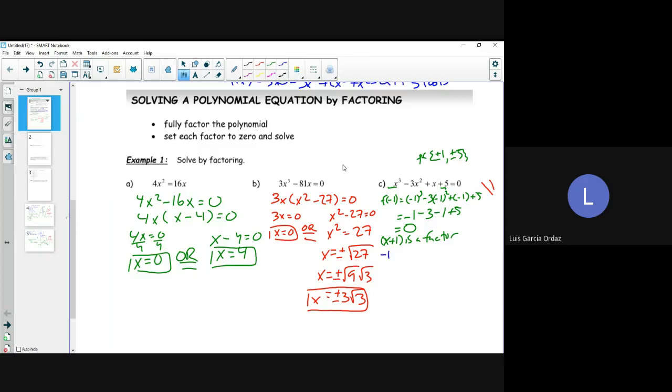So -1, our coefficients are 1, -3, 1, and 5. As usual, we drop the 1. 1 times -1 gives us -1.